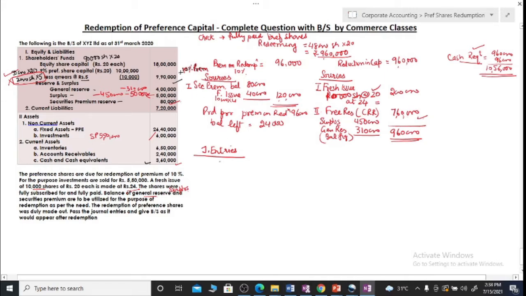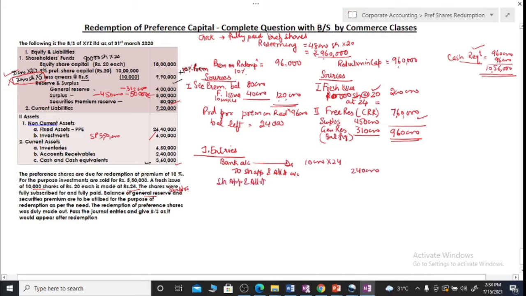So here we will pass one entry for the fresh issue: bank account debit to share application and allotment account. How much are we getting? 10,000 into 24, that is 2,40,000. Then this is put into capital and premium account.